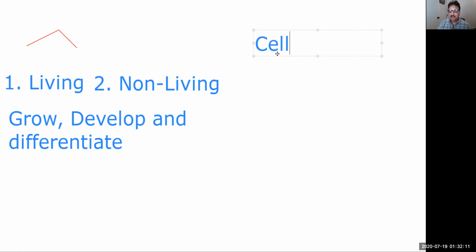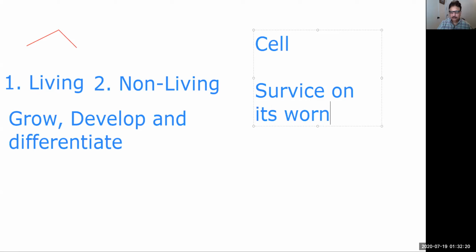Why is it called the fundamental unit? Because it can survive on its own, a cell. Now, what we know is that biology is very diverse, biological organisms or living organisms.